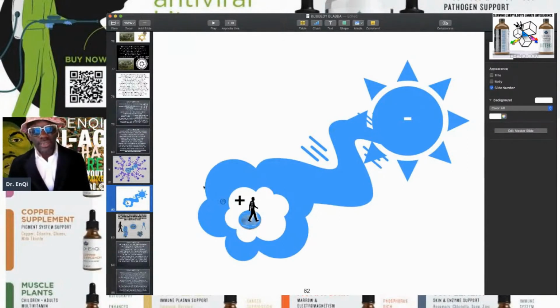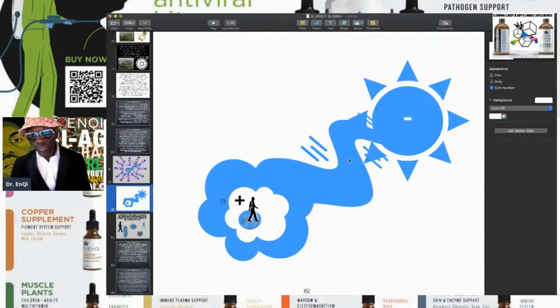Inside this plasma bubble, we have our atmosphere, which is the white cloud here symbolizing. Right? So the blue cloud coming off this little pathway here, this is the plasma coming from the sun. This is our plasma bubble that our planet is wrapped in. Then the white cloud represents our atmosphere.